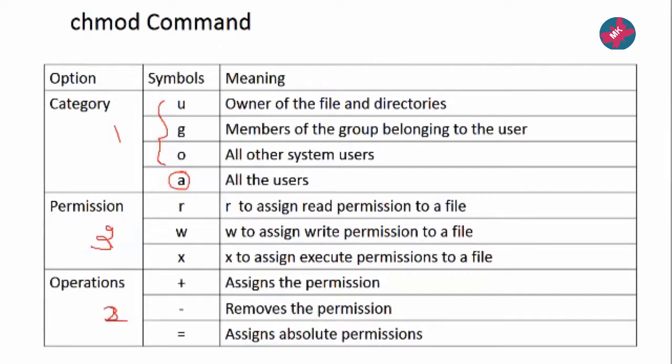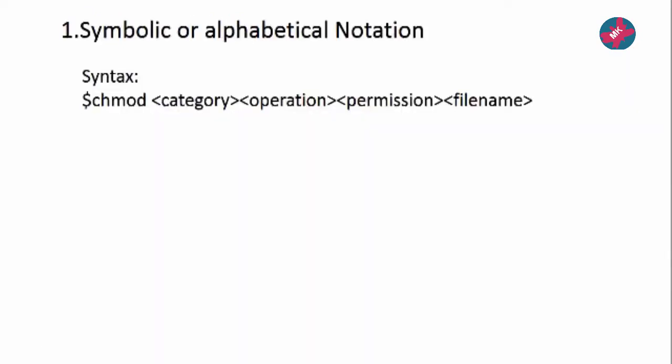Now we are going to see some examples. From the table, we have seen the category, then the operation, meaning plus, minus, equals, and the permission, that is r, w, x. The last part of the syntax is the file name. So let us take an example.